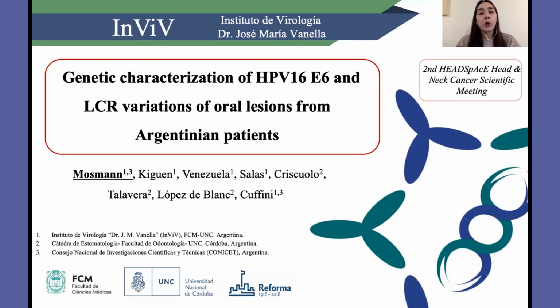Most studies show that some point mutations on the HPV16 genome have a higher potential to generate precancerous lesions if they are in the viral regulatory long control region, LCR, and E6 gene.